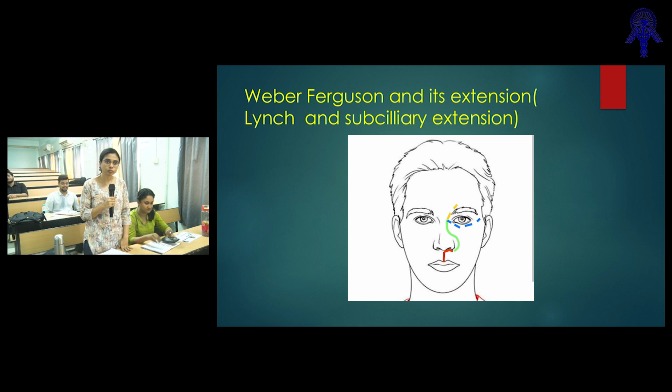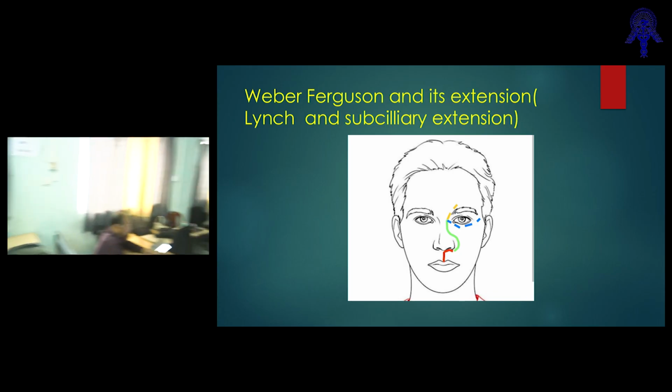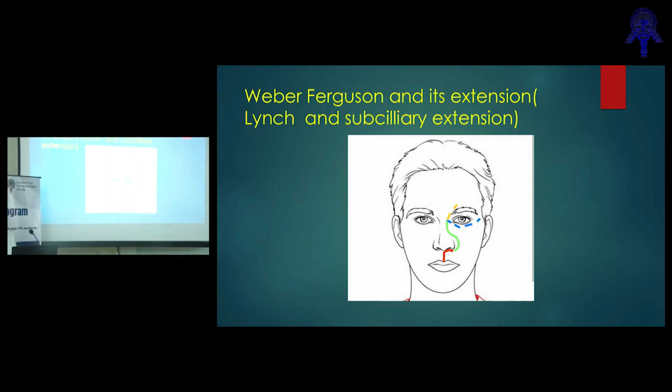Suppose you need a craniofacial dissection with the maxillectomy, then the extension is called the Lynch-Howarth extension. The subciliary extension is for the maxillectomy, and for more lateral extension it is the Diefenbach extension. You can see the Lynch-Howarth extension in the yellow line and the subciliary extension in the blue line.